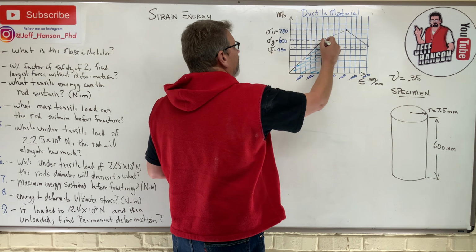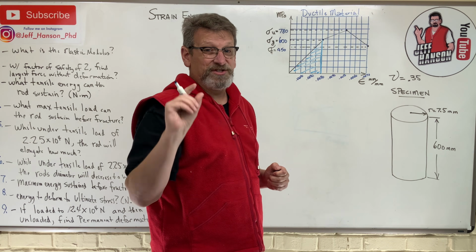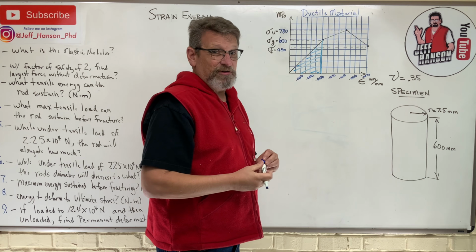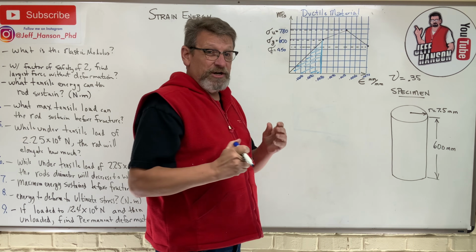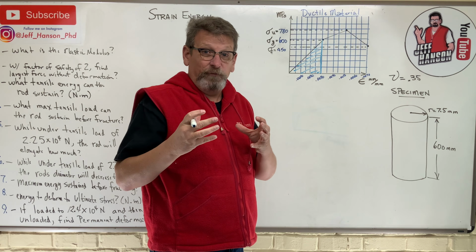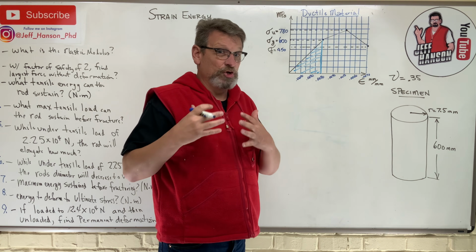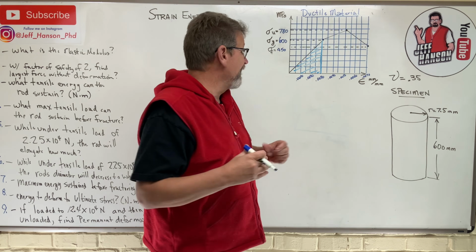What do we call that area right there? We call that the modulus of resilience, right? That is the strain energy for a material to deform, but then when the force is taken off of it, it returns back to zero, right? There's no permanent deformation in that area.